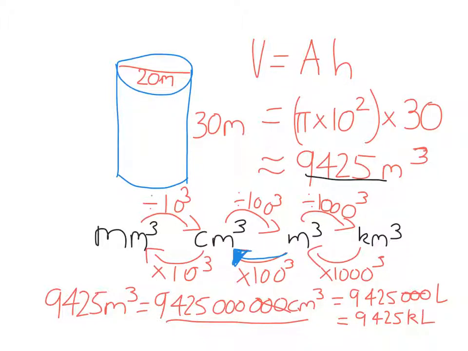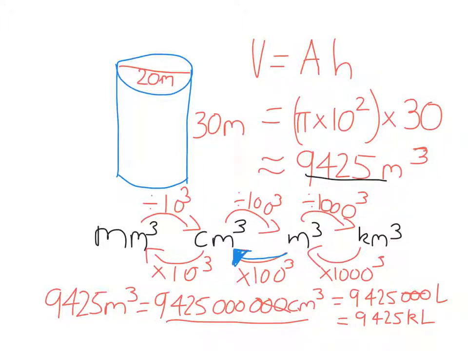A kiloliter is 1,000 liters. So if I made a water tank in the shape of a cylinder with these dimensions, it would hold 9,425 kiloliters, which is 9.425 million liters, which is 9,425,000,000 milliliters.